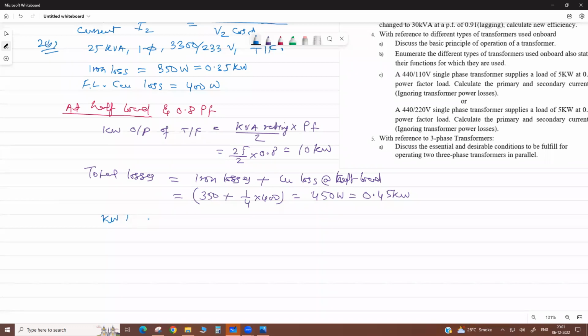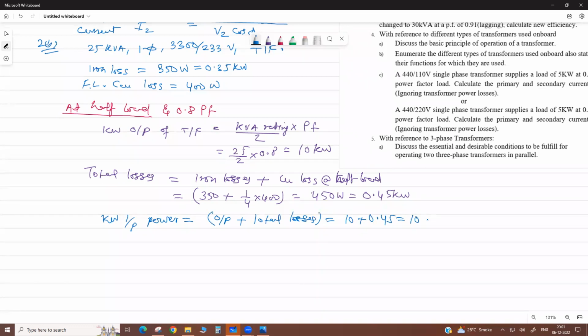Then the input power, if we calculate at half load, what is the input? Kilowatt input power to the transformer equals output at half load plus total losses, iron plus copper. So my dear, this output is 10 plus 0.45.